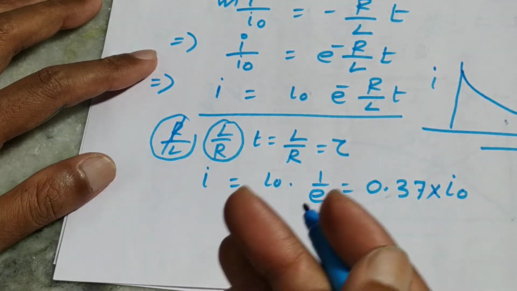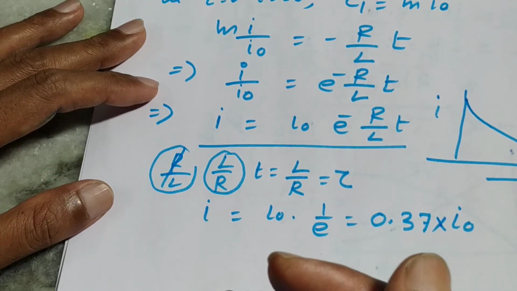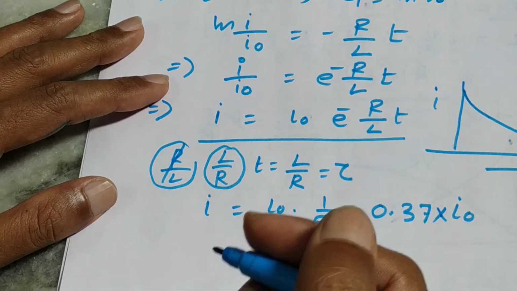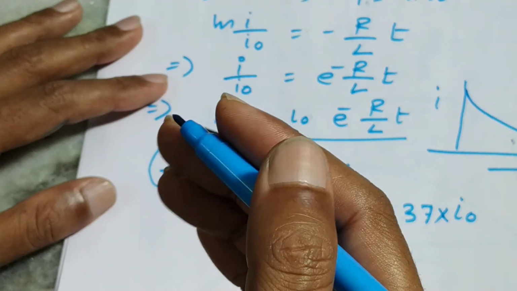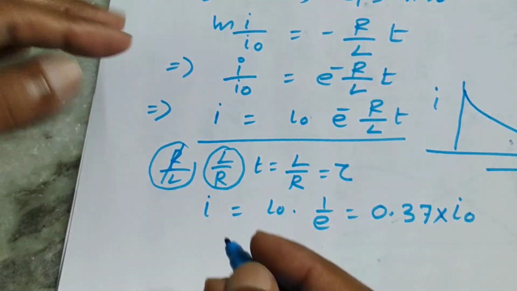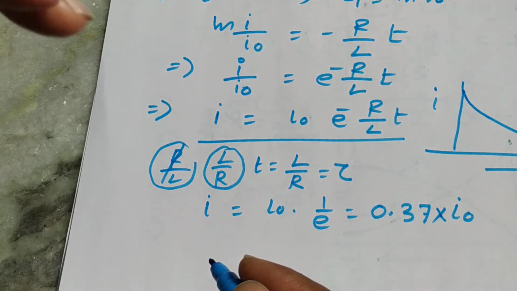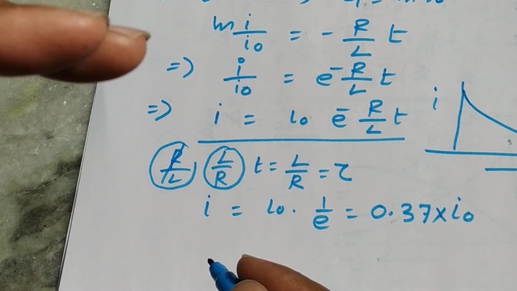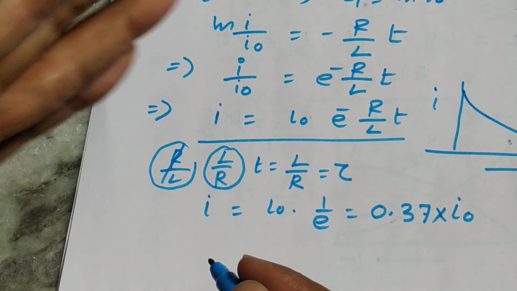And the decaying rate or growth rate depends on the time constant. The higher the value of the time constant, the slower the rate of the decay or growth. With increasing time constant, the decay will be slow, and also the rate of growth of the current in the circuit will be slower.